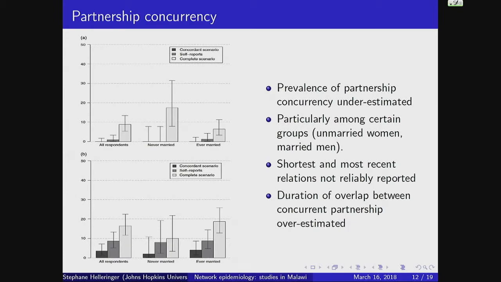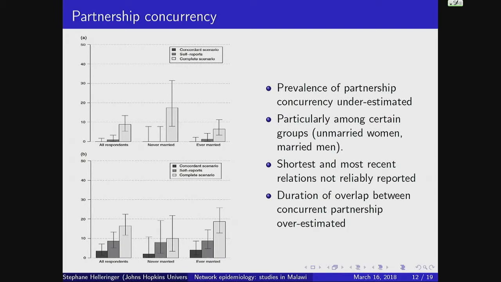And we compared the prevalence of partnership concurrency under different scenarios. So in the concordant scenarios, we only consider those relations that are reported by both partners in the relationship. So very reliably reported scenarios. Self-report is only what the person tells you about themselves during the survey. And the complete scenario includes both what the person tells you and what others tell you about her or him.